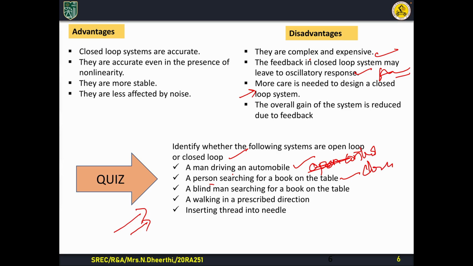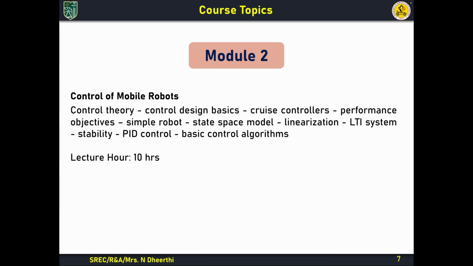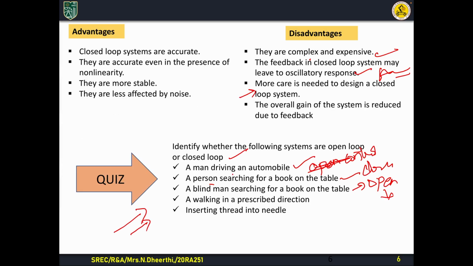The blind man searching for the book on the table comes under open loop. If you consider vision alone as the factor here, then it is an open loop system, because the blind man's vision is zero. He doesn't know where the book is, so he does not get feedback.